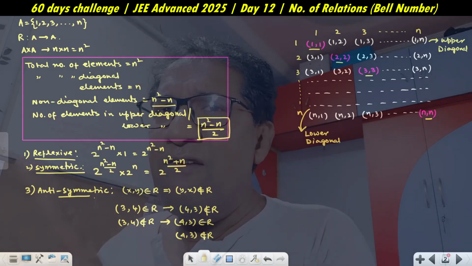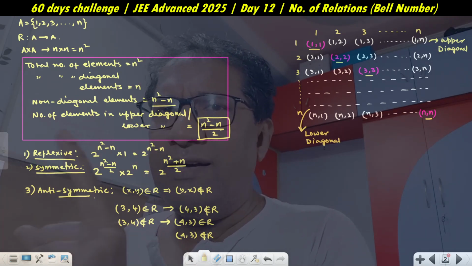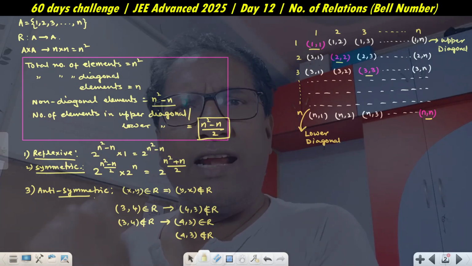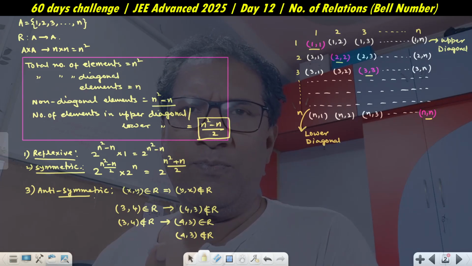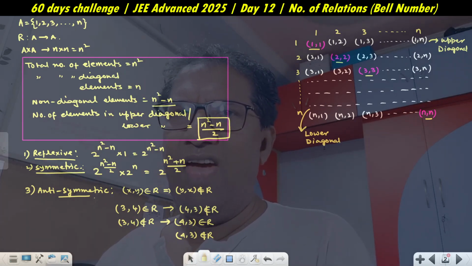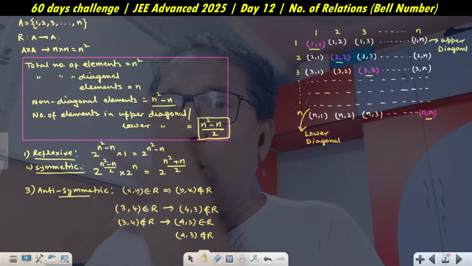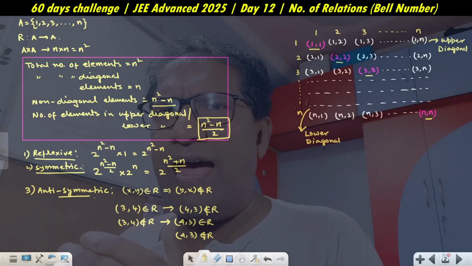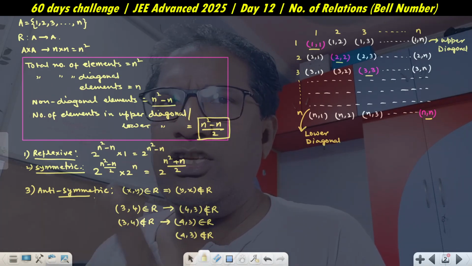So, for every element in the upper diagonal, or you can consider the lower diagonal, it doesn't matter, but you have to choose only one, either upper or lower diagonal. For every element of the upper diagonal, you have 3 choices.